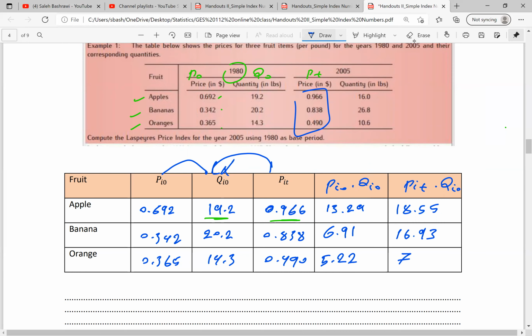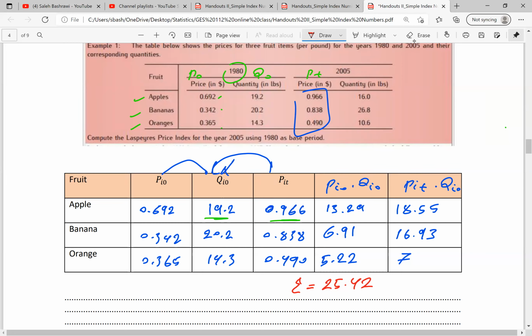Now let's find the sigma for these numbers. I need to find the sum. So sigma of Pi0 Qi0 is equal to 13.29 plus 6.91 plus 5.22, that is 25.42.